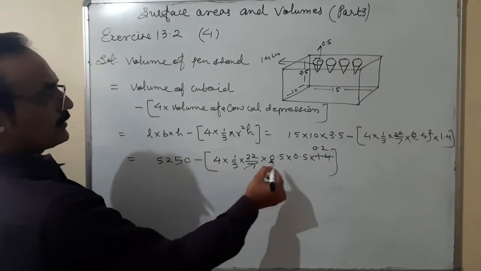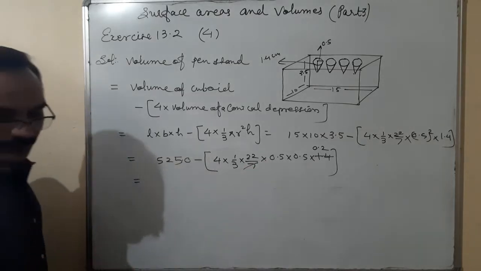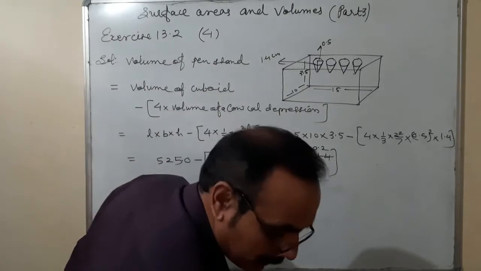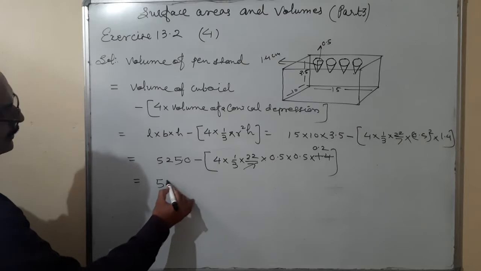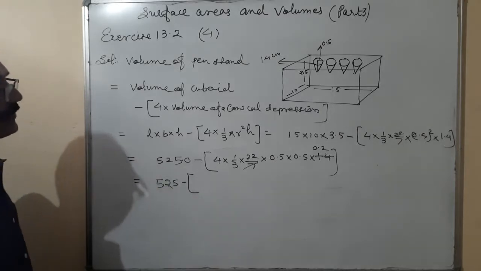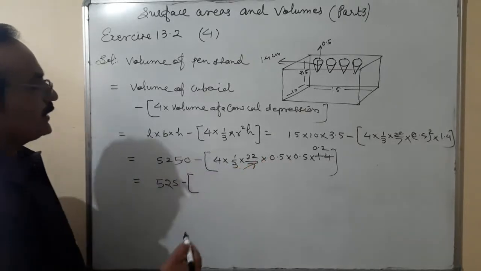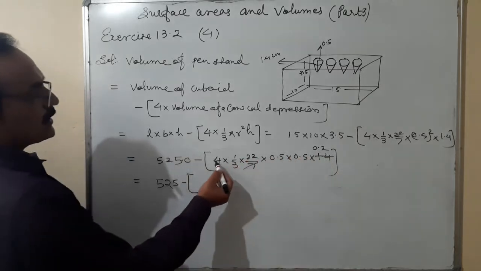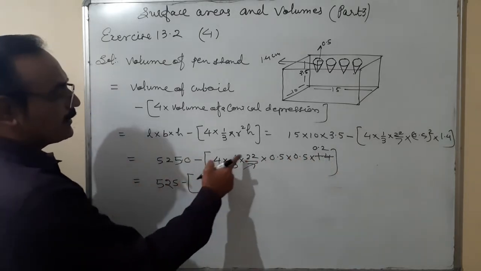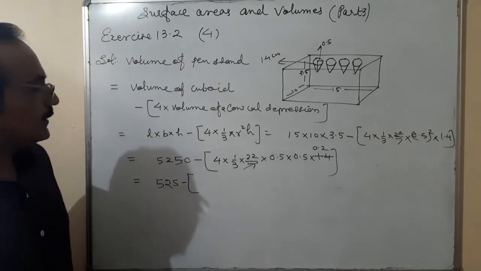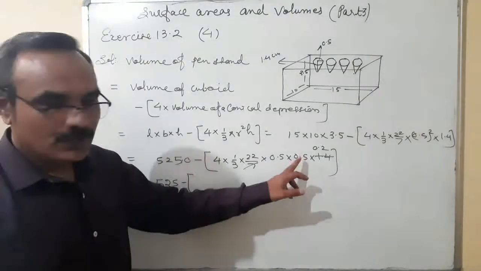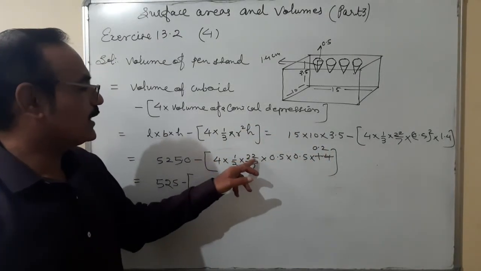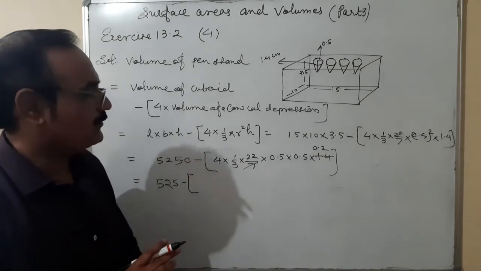The value of pi is not given, so we can put here 22 upon 7. 525 minus, you can calculate here, 5 5 is 25, 25 2 is 50, and 50 4 is 200, and 200 multiplied by 22 is 4400.